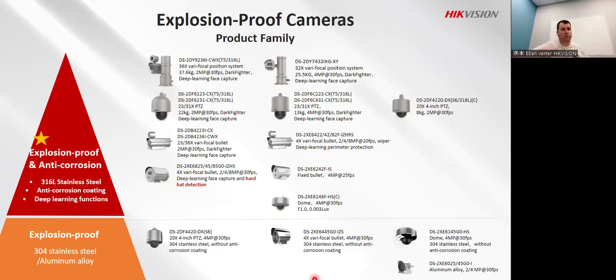Explosion proof cameras. Got 2 functionalities. First one is it's explosion proof. Means that if you have a camera and you put like a 2.5 TNT little bomb like a meter away from it and it goes kaboom, the camera will survive. That's the idea behind it. It's not going to look pretty probably, but it will survive. It's designed for that harsh environment.